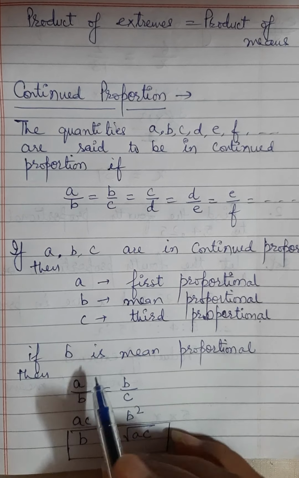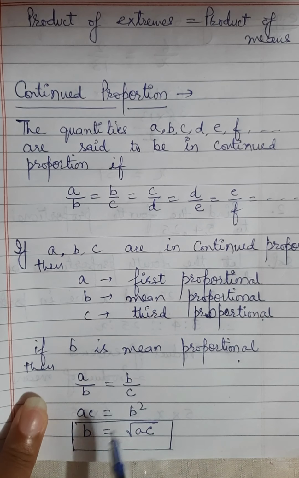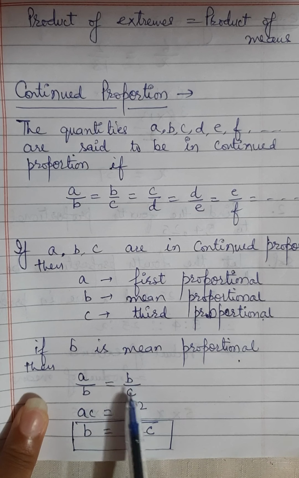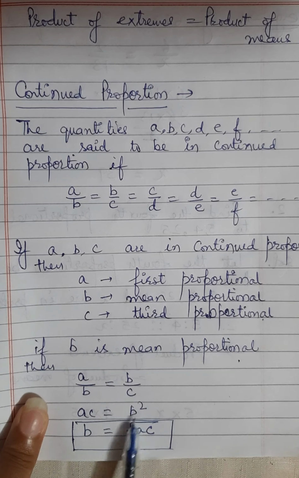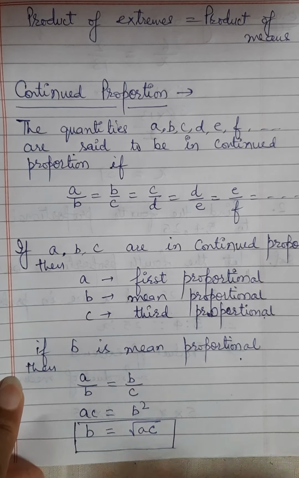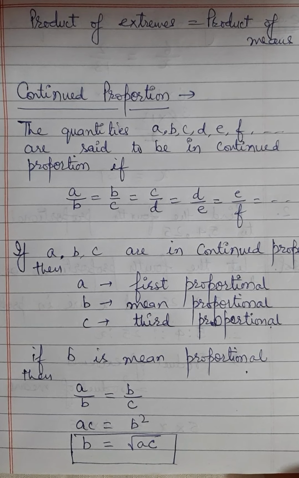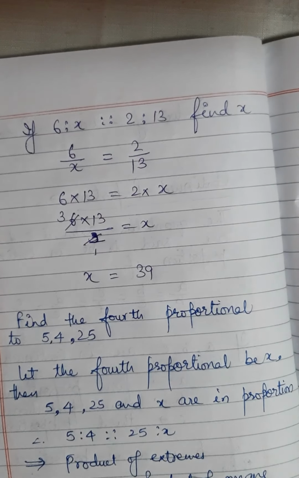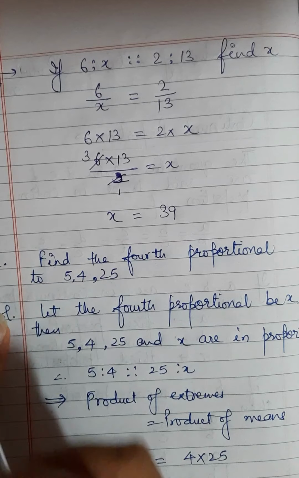So if B is the mean proportional in continued proportion, we can write A upon B is equal to B upon C. Cross multiplying this, we get AC is equal to B square, or B is equal to root AC, and that is the formula to find the mean proportional of a given continued proportion. Right. Now, some examples of how to do the sums of this chapter.